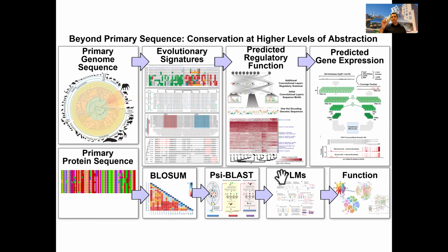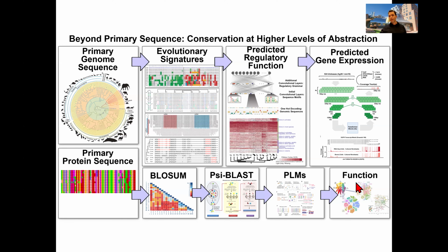And that's using directly evolution to build this higher level of abstraction, or you can use protein language models that allow you to take every amino acid and then predict what is its embedding in protein space. And we've also done a lot of work in going beyond just these primary protein language models to now start predicting functional embeddings using knowledge graphs that we're showing here, to start predicting not just protein language models that are agnostic of function, but you can actually start predicting the function of a protein using gene ontology, using disease associations, using mutations, using genetics, using expression, using English language of a large language model associated with the description of the function of that protein in the literature.